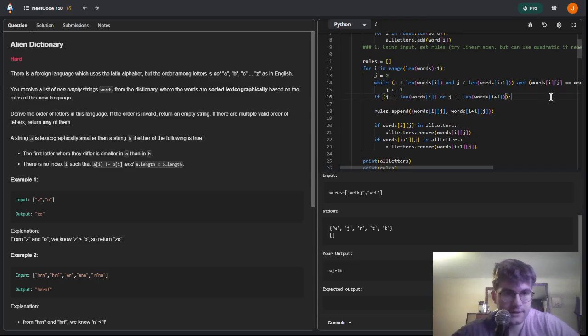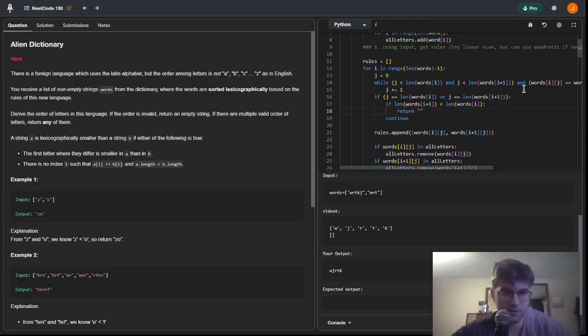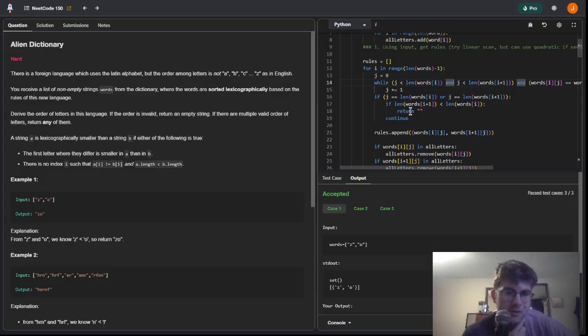If it exits out prematurely, then we just want to continue to the next word pairing. But also we just have to make sure that, or let's say if length of words of I plus 1 is less than length of words of I, then we have to return an empty string. I don't know if there's anywhere else. Yeah, it's like super.